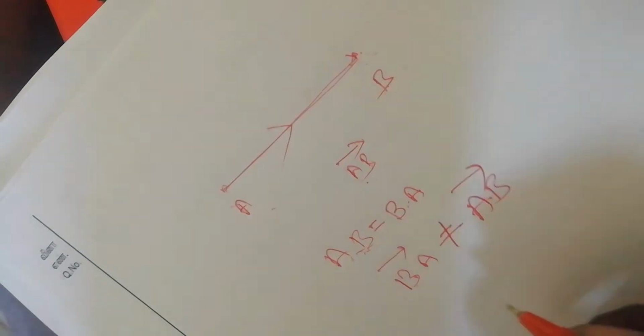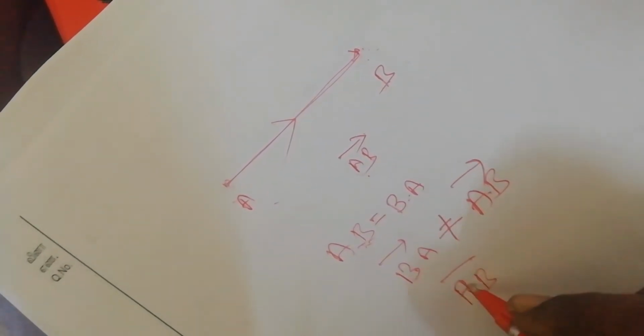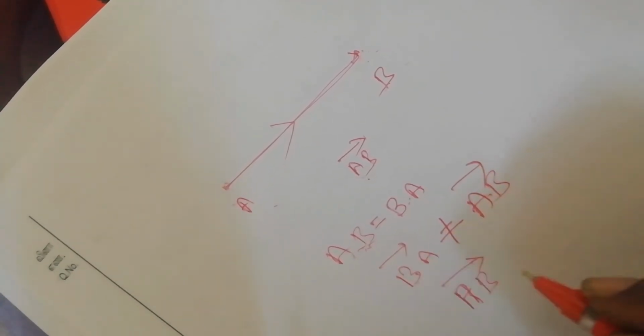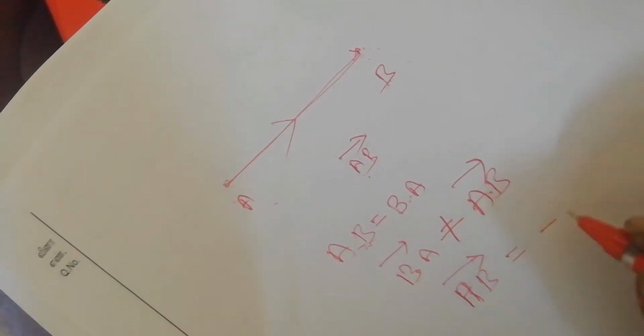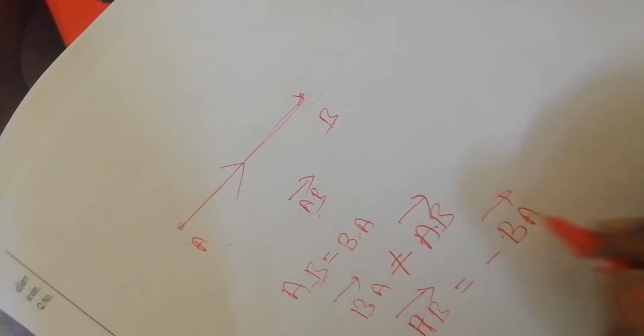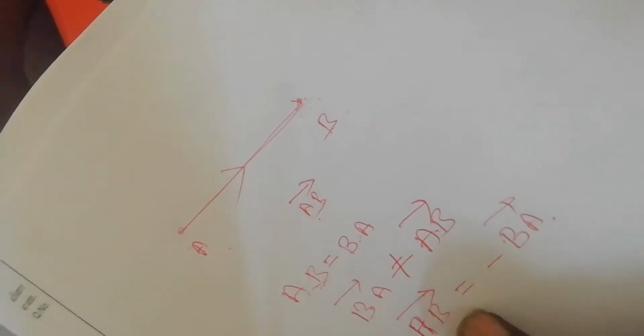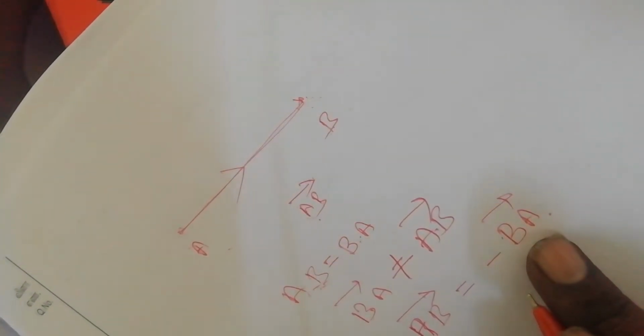When will it be equal? AB vector equals minus BA vector. This is the opposite vector. Okay, this is an opposite vector.